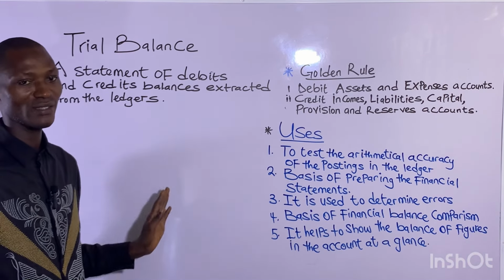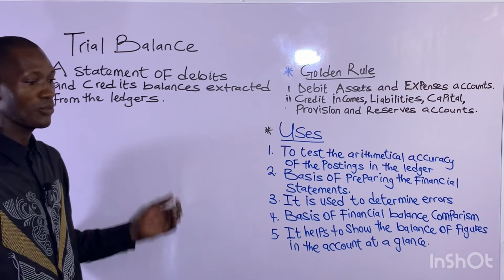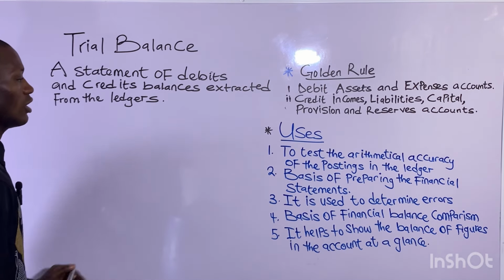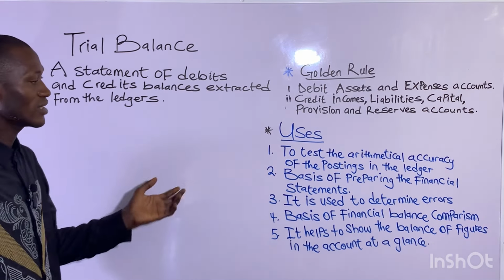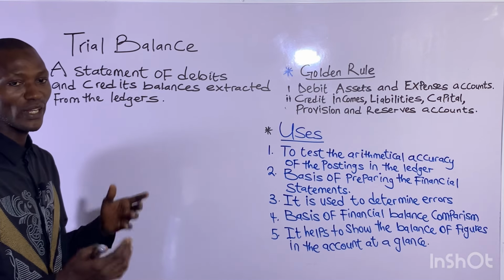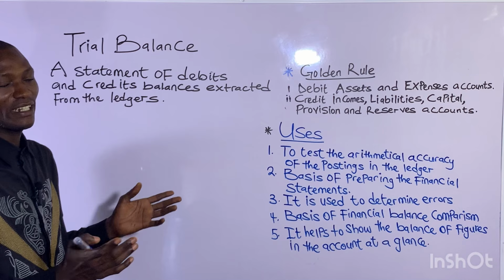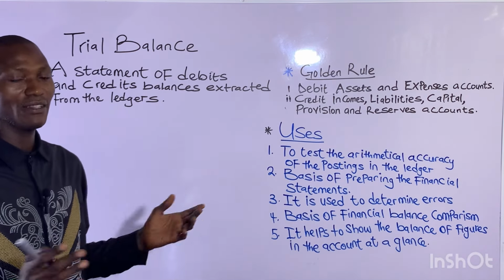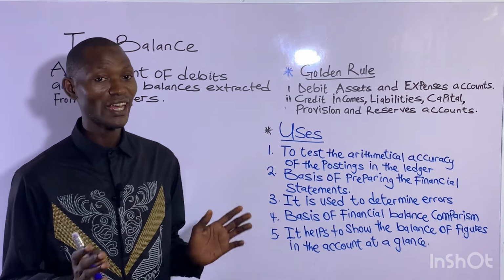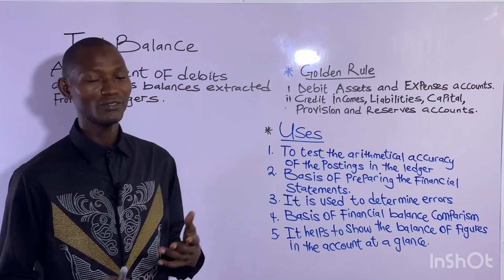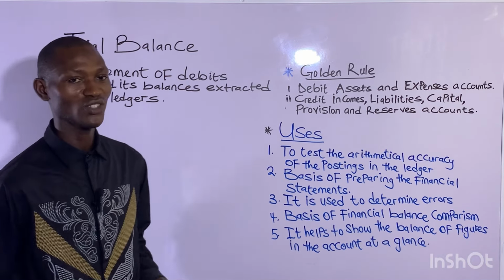So we are going to list some of those errors now on the board for you to understand how, when a trial balance is extracted and the two sides are equal, one may have the perception that there are no errors in the books. No, there are errors, despite the two sides of the trial balance being equal.